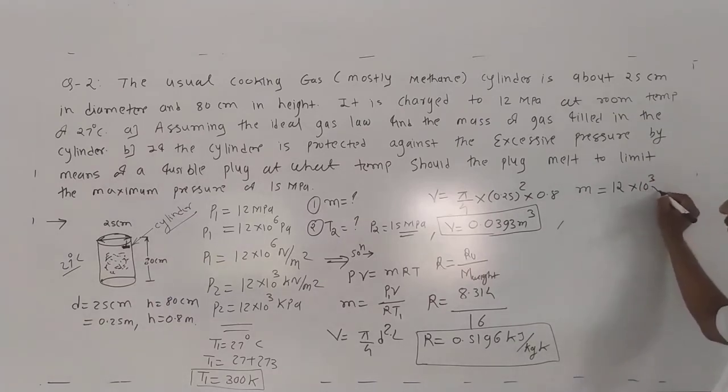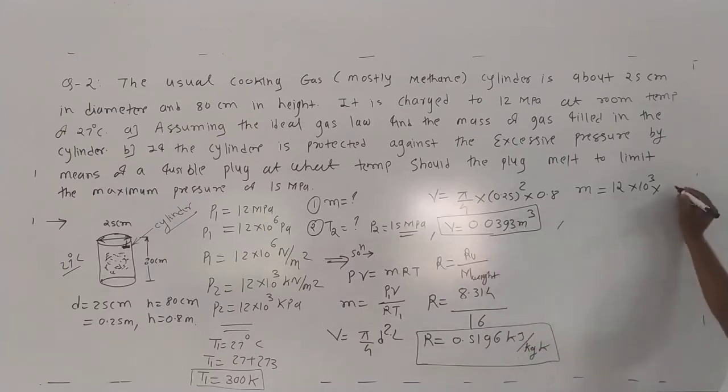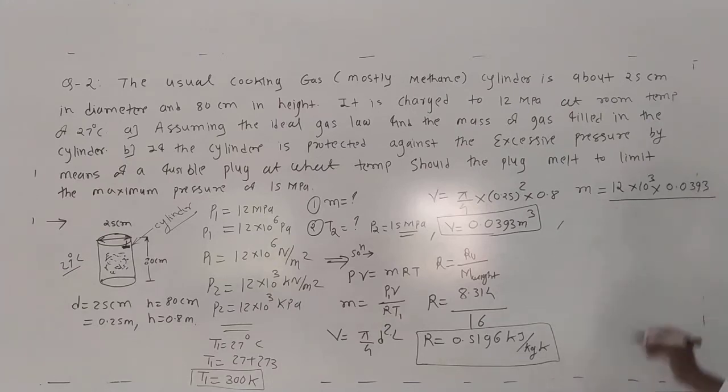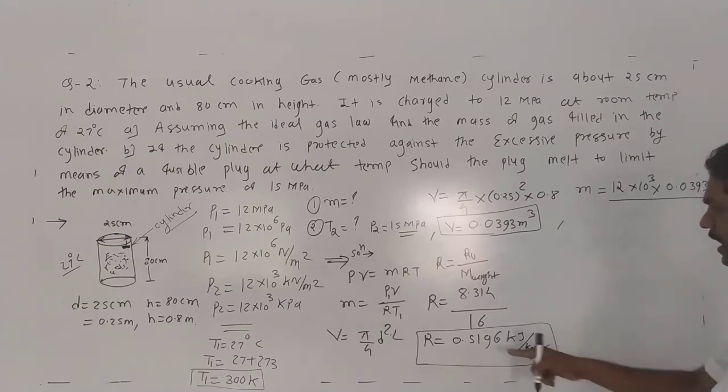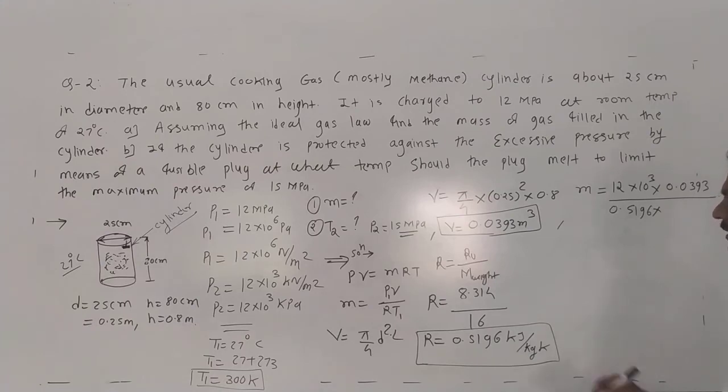Multiplied by volume. V we determined as 0.0393, divided by R, 0.5196, multiplied by T1.